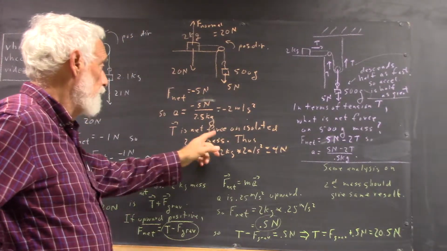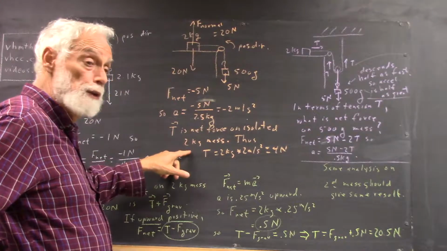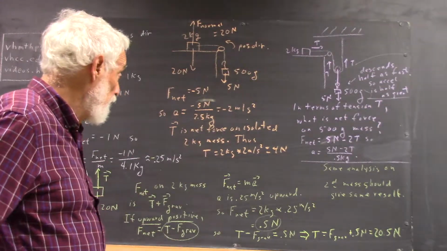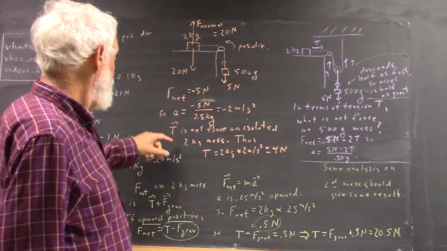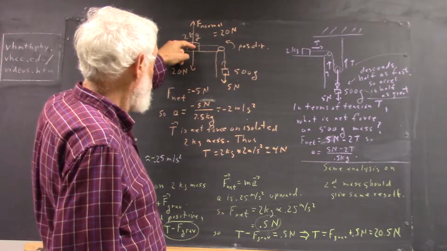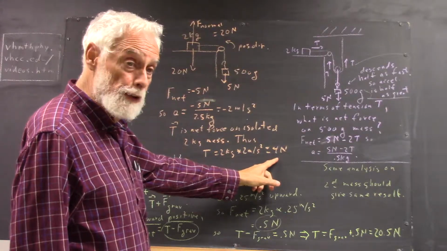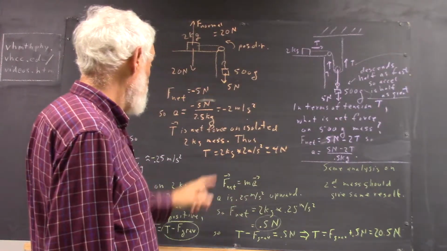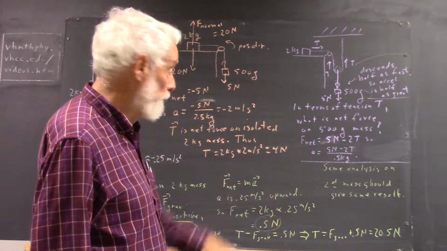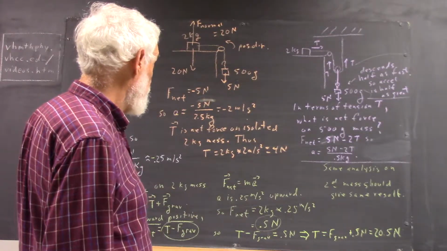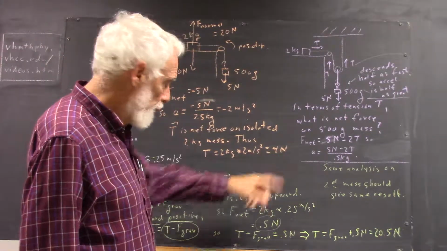Now the tension is the net force on the isolated 2 kilogram mass, so we can easily get that. Again, the only force that's accelerating this mass is the tension force, so we easily find that the tension is 4 newtons, multiplying the 2 kilogram mass by the 2 meter per second squared acceleration. And this is, of course, the magnitude of the net force.